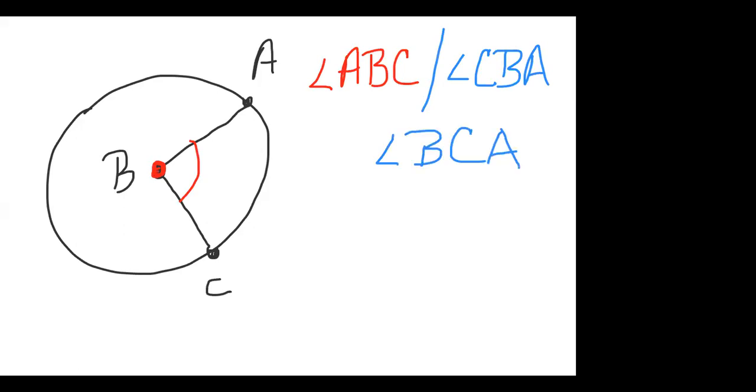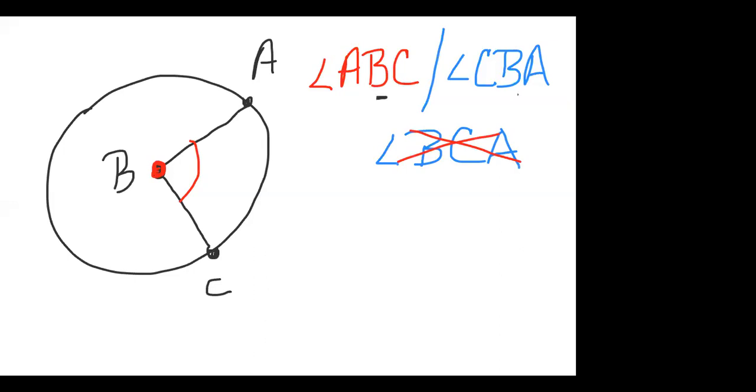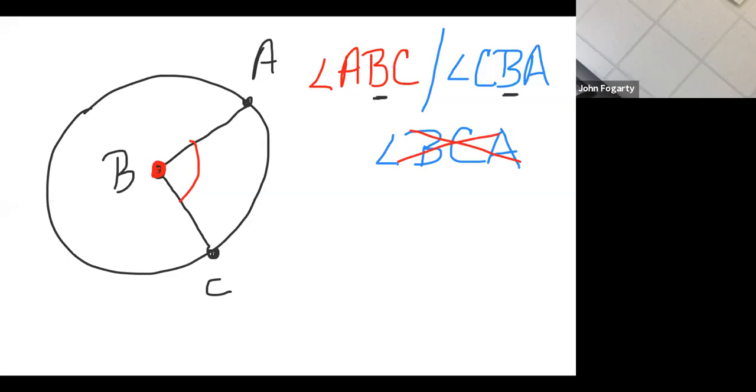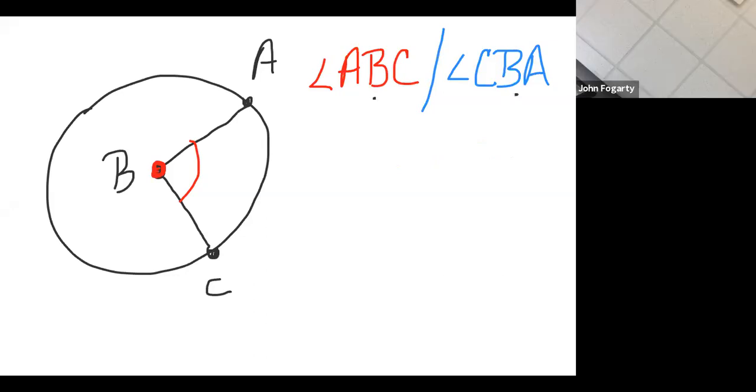No. How come you can't call it that? What do you notice about the top two? They're on the circle. What has to be in the middle? The vertex. Very good. So just make sure of that. You can have the same angle, and two different people give you two different permutations.